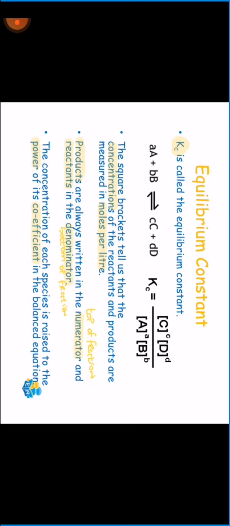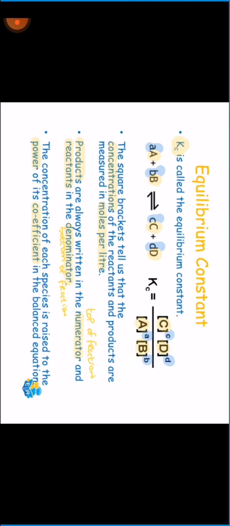If I was to label this A, B, C and D, the small letters correspond to the coefficients in front of our balanced equation, and the capital letters are the concentrations in moles per litre.